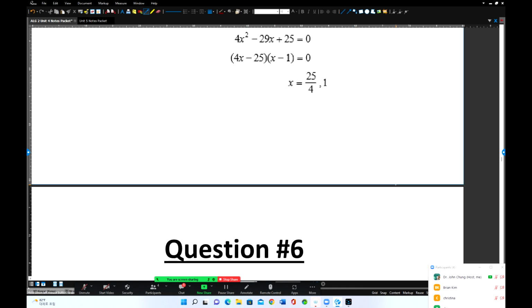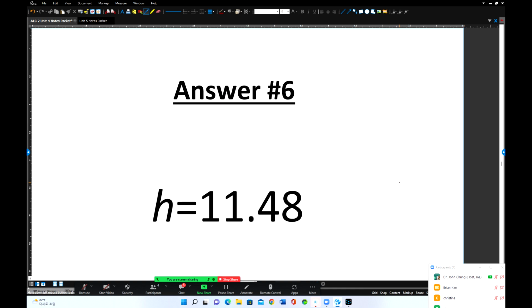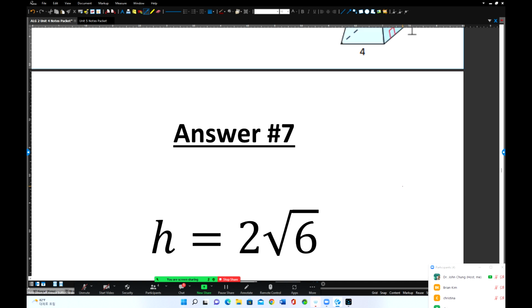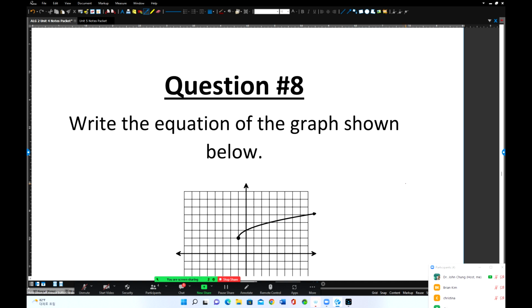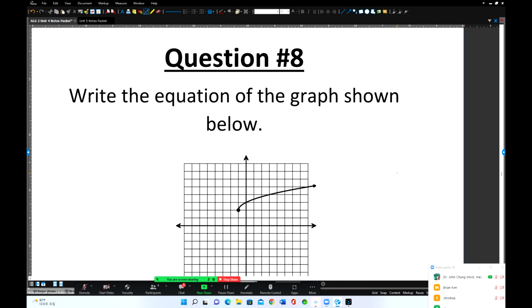The next one is the graph of radical functions. First one, that is the parent radical function, okay? Radical functions. This is a function, okay?